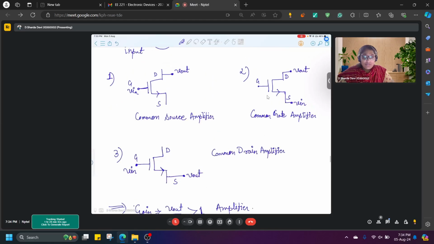Right. And also, in case of common source, one thing that you need to understand is that a common source amplifier introduces a phase shift of 180 degrees. That means your input and your output have a phase shift of 180 degrees. So there will be a minus sign in the gain. The gain will be negative in case of common source.